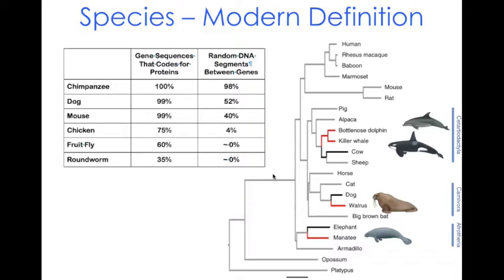Now, interestingly, in terms of sequences that code for protein, we share about 100% of our DNA with chimpanzees, but the segment between the genes is only 98%, and so many scientists will consider that chimpanzees are our closest relatives. Okay, dogs will share 99% of protein genes, but only 52% of the segment between the genes, and as you work your way down, it decreases. Yeah, and you would assume that therefore we are least related to roundworms and most related to chimpanzees.